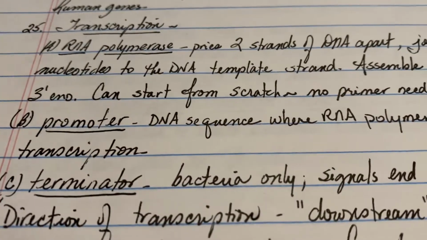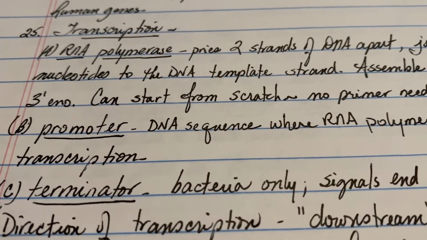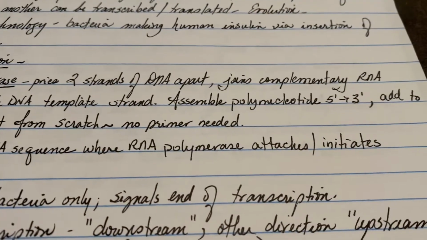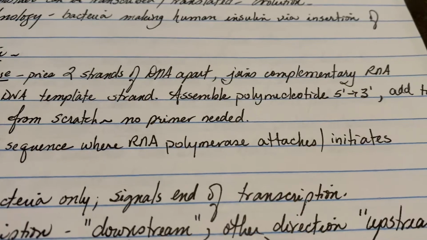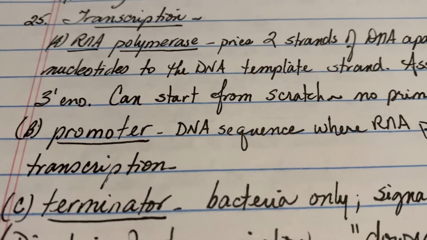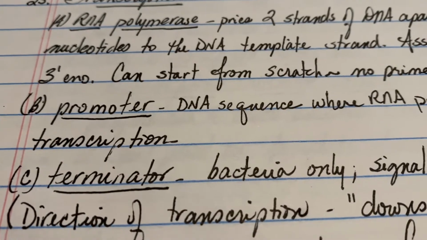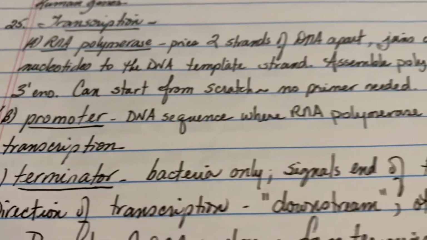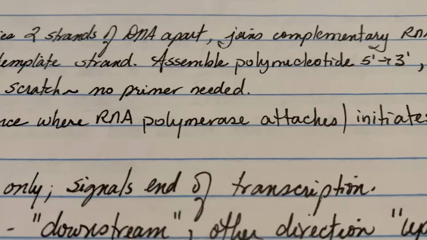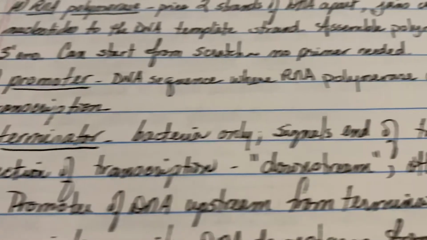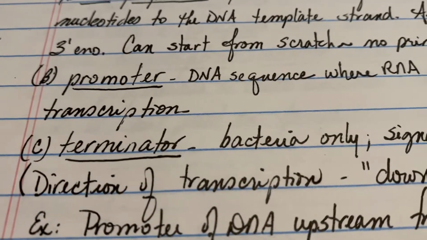You do have the use of a promoter. And the promoter is a DNA sequence where the RNA polymerase can attach and initiate transcription. You also may see a terminator, but this is in bacteria only. That terminator signals the end of transcription in bacteria only.